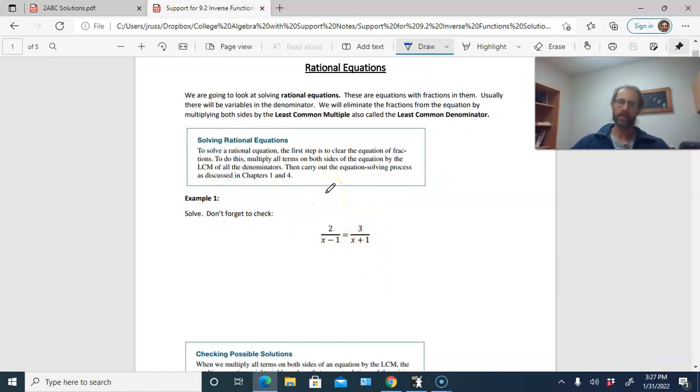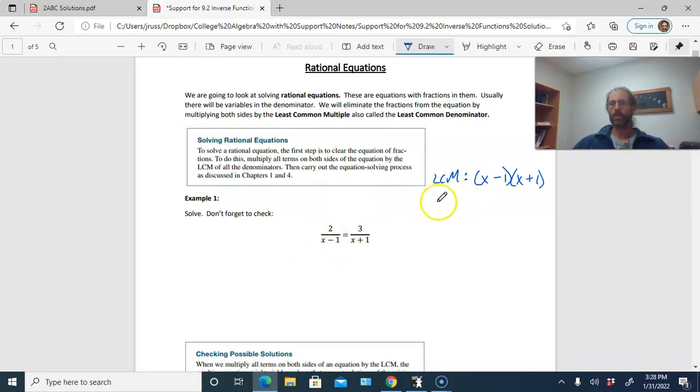These denominators, guys, are what we call binomials because they consist of two terms. So typically when you have two denominators and they're just two different binomials, the least common multiple or the least common denominator is just going to be one of each of those. So it's going to be an x minus 1 times an x plus 1.